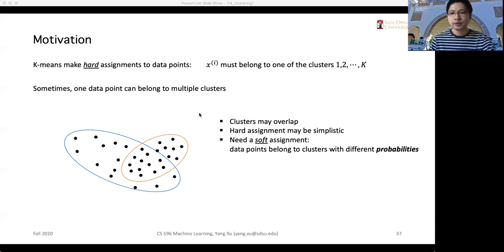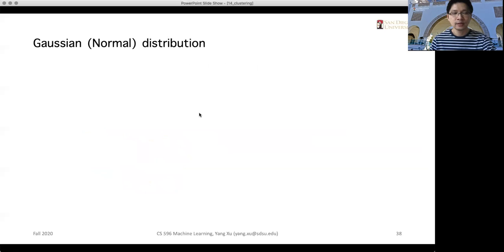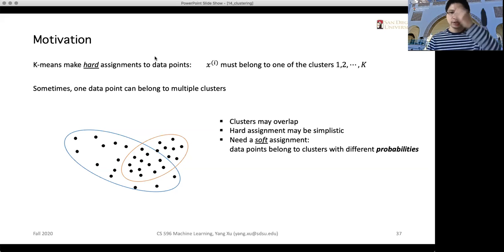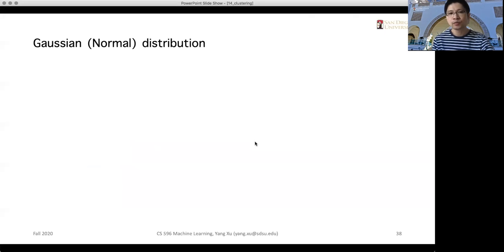All right, so that's a little bit about the motivation. In order to achieve these assignments of probabilities, we need to use Gaussian models. So we'll first do some review of what a Gaussian distribution is. For Gaussian distribution, we also use the name normal distribution, so we're referring to the same concept here.